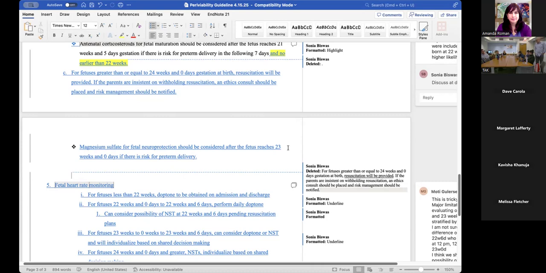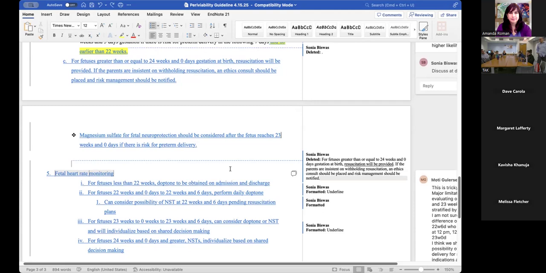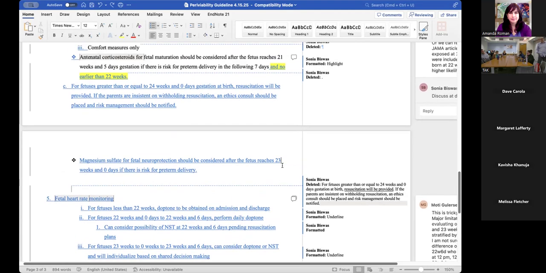I'll chime in. For the fellows and everybody, you probably know already, we have contacted SMFM and ACOG both, because the table here is from 2017, I think, the pre-viable guideline, and we have urged them to update it as this data that Sonia is bringing up has been published now for a few years.